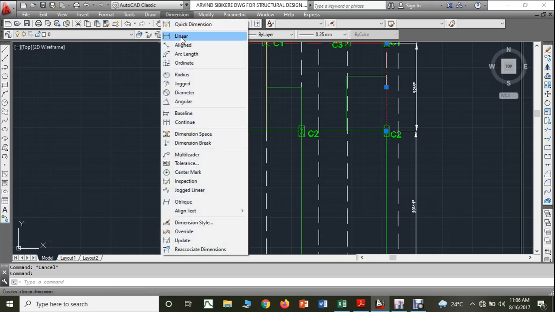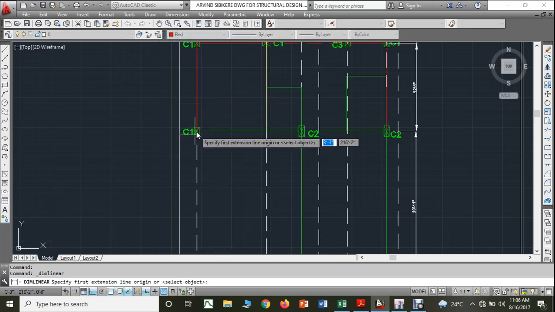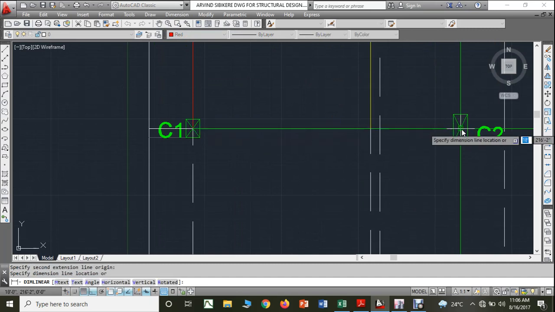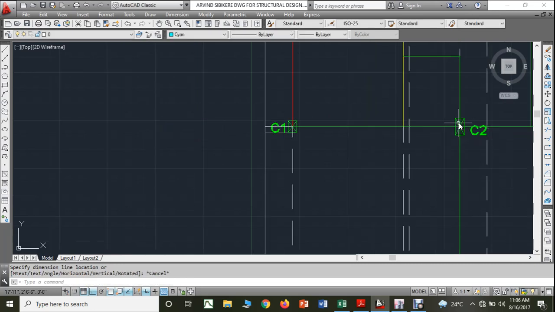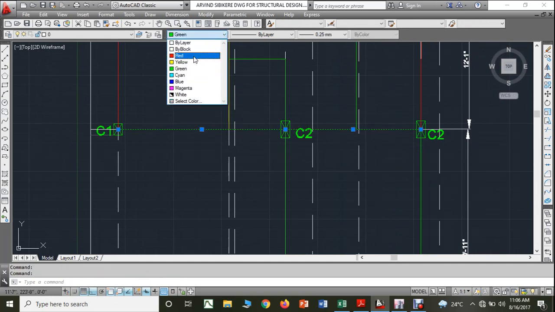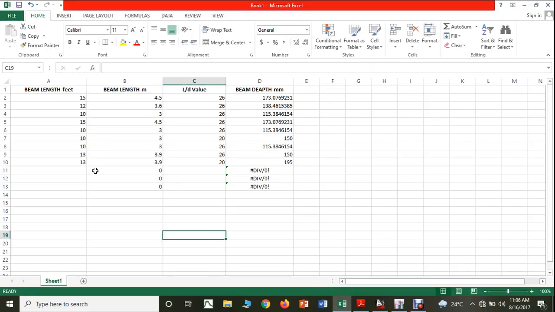This dimension I have to take from here to here. It is 14 feet 6 inches, almost 15 feet. I will take it as almost 15 feet to be on the safer side. So I have to change these two to red. 15 feet we already have, right? 4.5, 26, that is 173 you are getting.